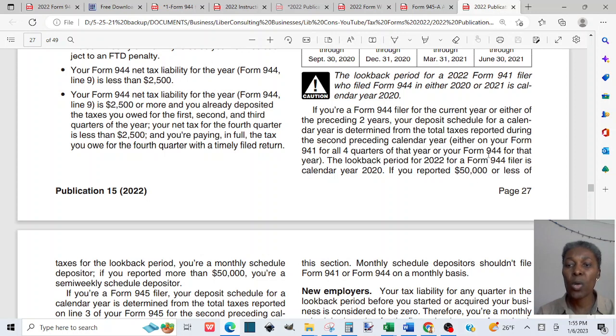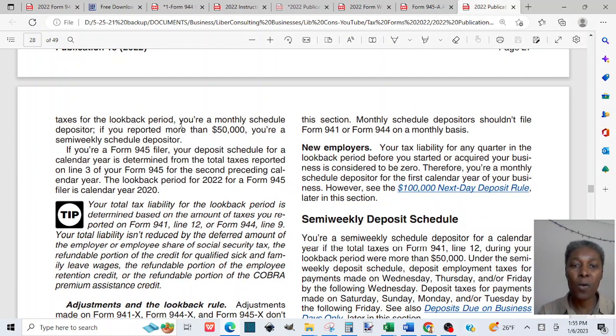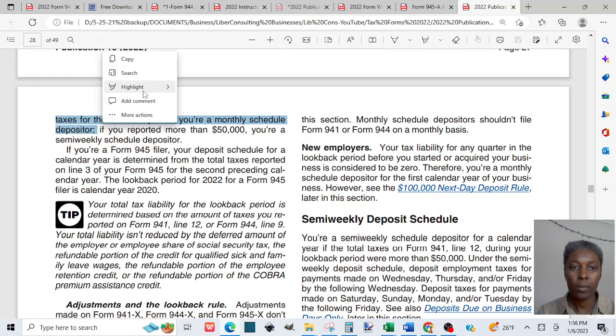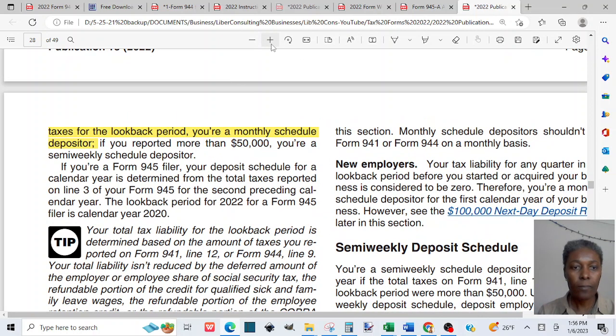So if you reported $50,000 or less taxes on your look back period, you are a monthly schedule depositor. If you reported more than $50,000, you are a semi-weekly depositor.